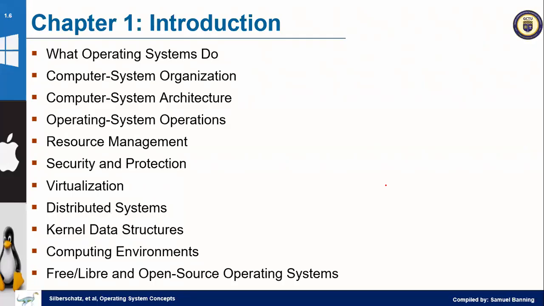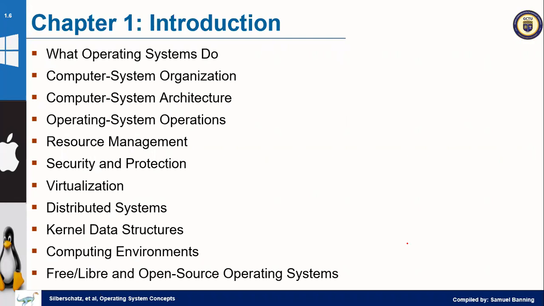So this is the outline for today's class. We are going to look at what operating systems do, how the computer system is organized, and then the architecture of a computer system. We will study how the operating system operates.